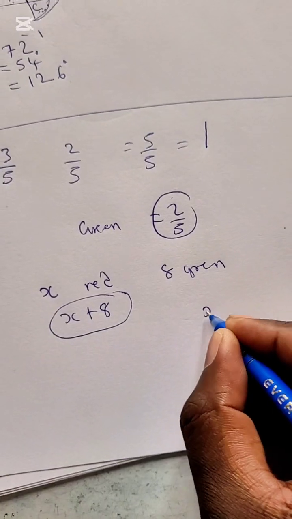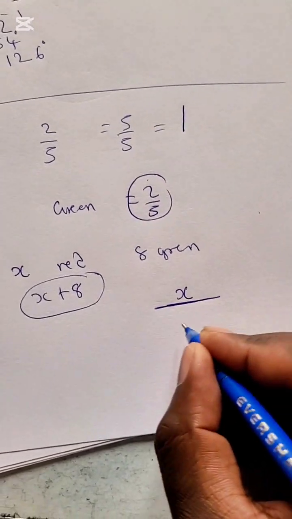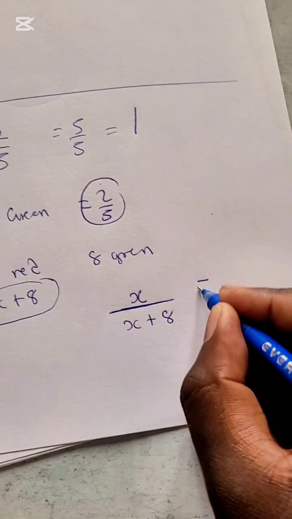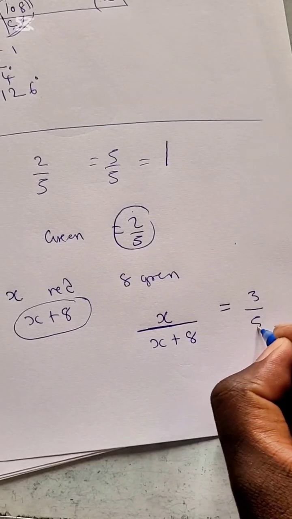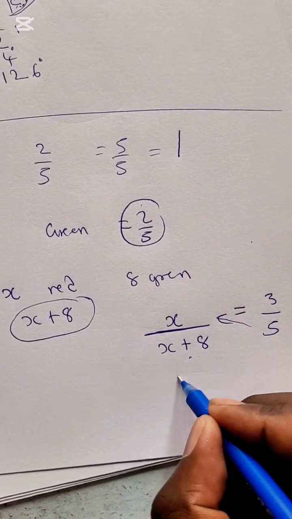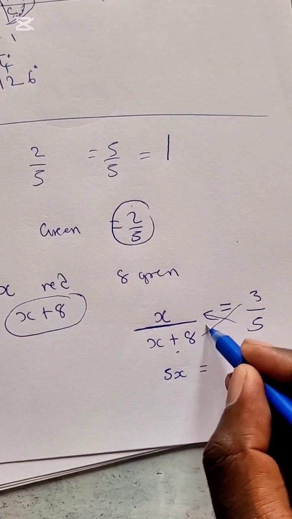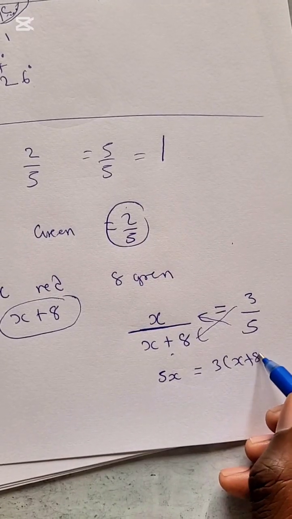So the probability of picking a red ball is X over the total, X plus 8, which is equal to the actual outcome of 3 over 5. Then we can cross multiply: 5 times X, that's 5X, is equal to 3 multiplied by X plus 8.